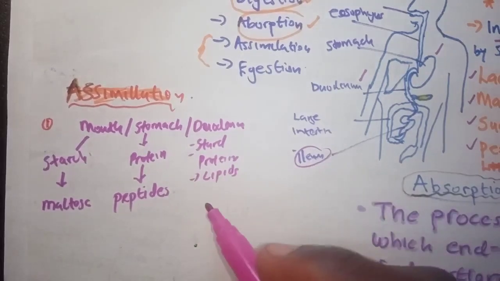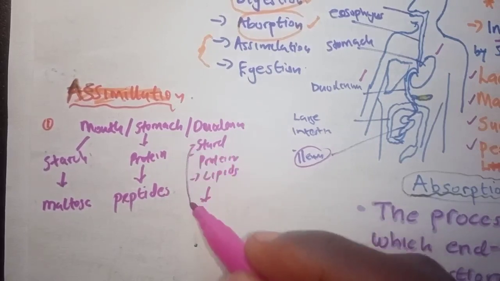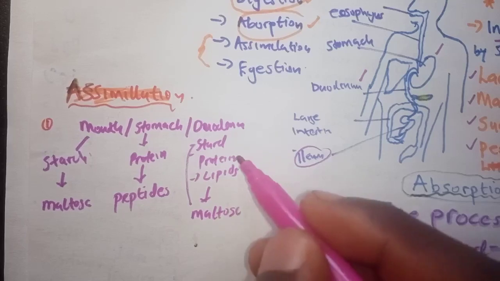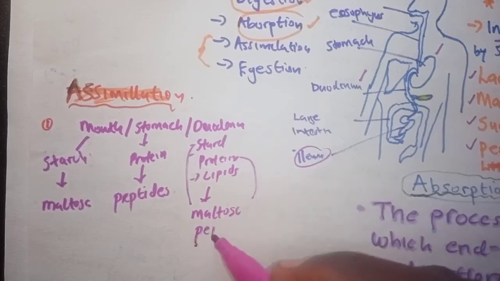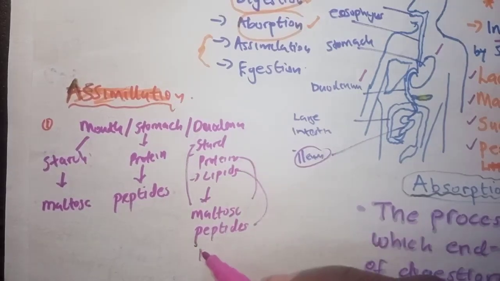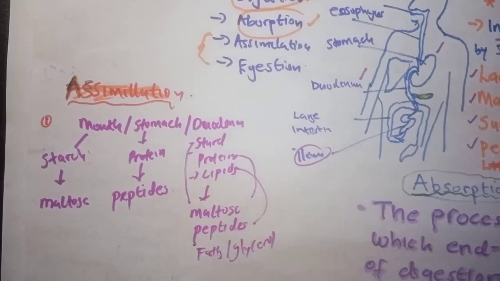Starch was converted to maltose, proteins to peptides, lipids were converted to fatty acids and glycerol. So that's in the duodenum.